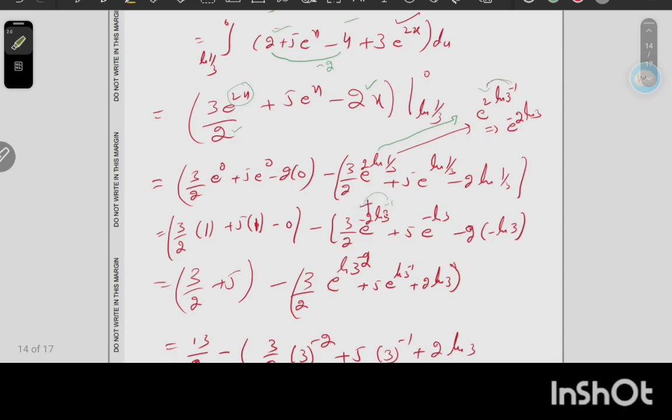So we get 3 by 2 plus 5 minus 0, minus 3 by 2 e power minus 2 log of 3, minus 5 e power minus log of 3, minus 2 minus log of 3.